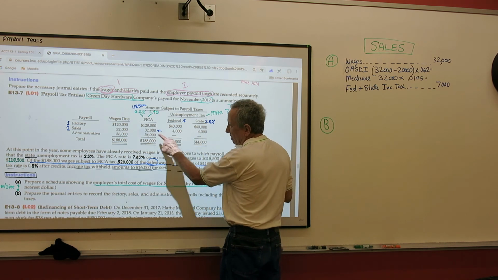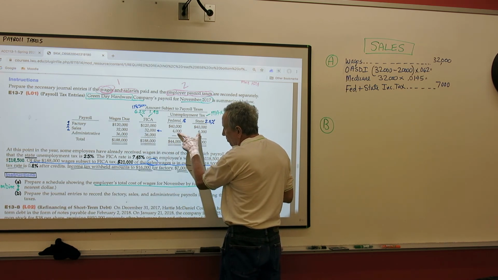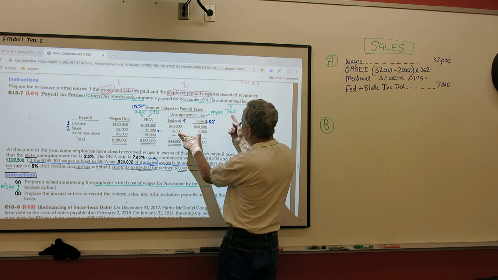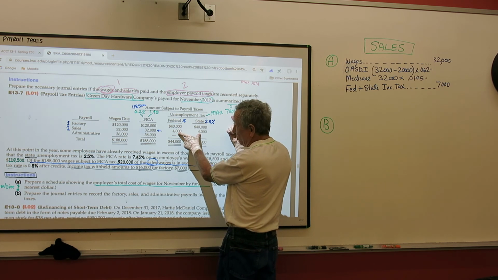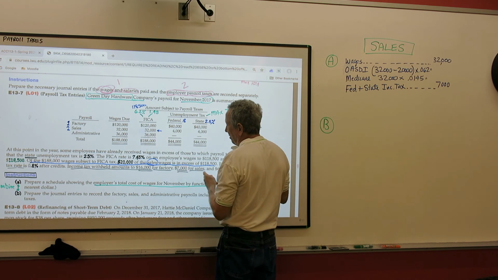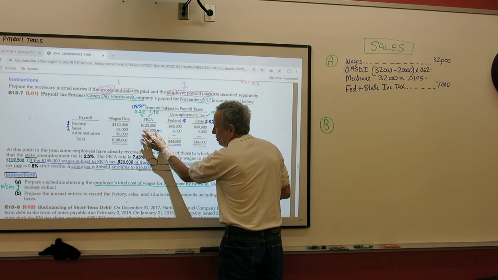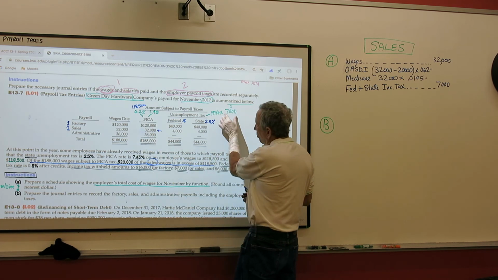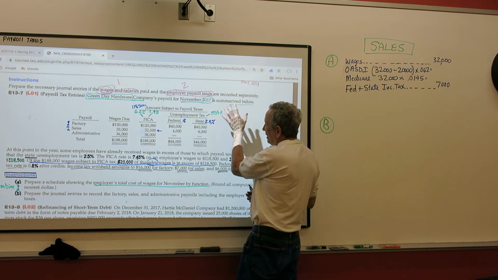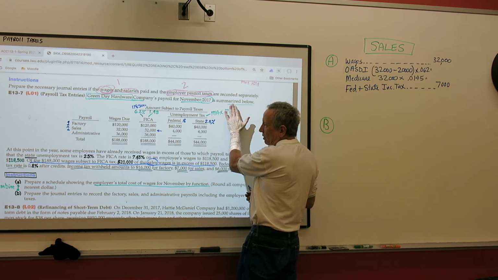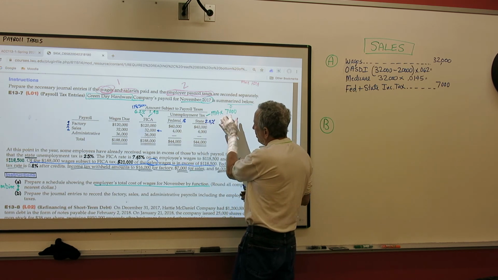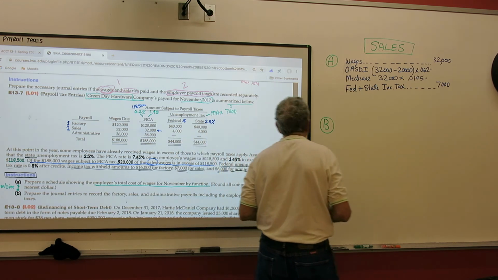And remember, out of the 32, only 4 is less than 7. If you're new to this, you're thinking, what does that mean? Out of the 32,000, 28,000 of that has broken through the ceiling. It's not subject to this tax anymore. Only 4 is below the threshold. So that's what we're going to pay taxes on.